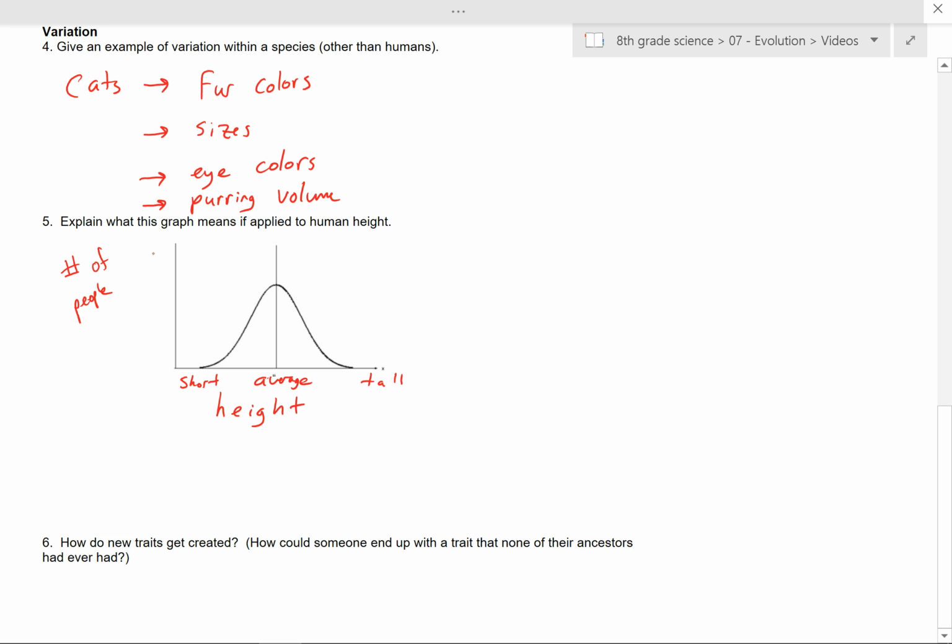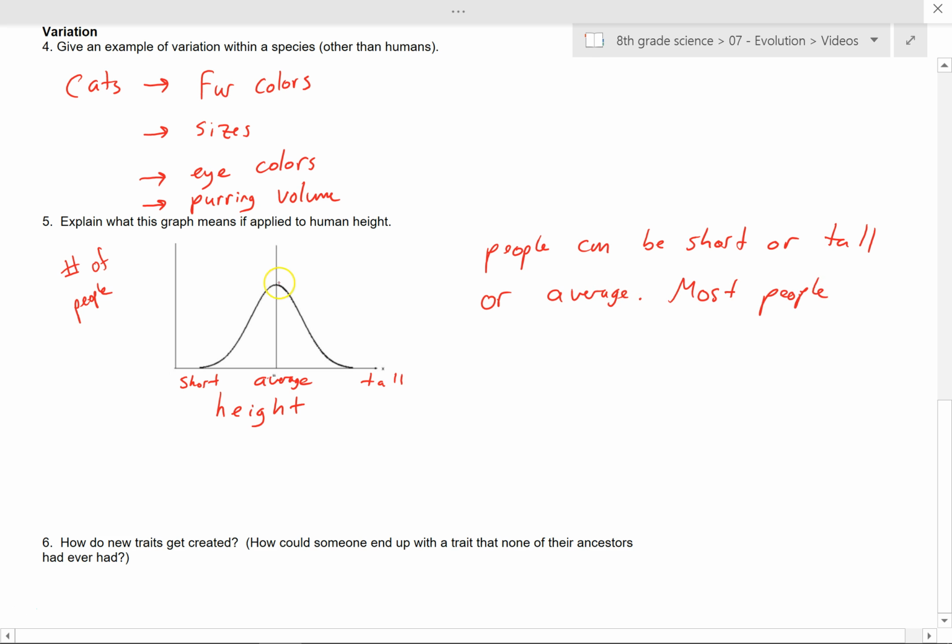So what do we learn from this graph? Well, there are very short people, there are average height people, and there are very tall people, but not in equal numbers. So if we had to make a statement overall about human height based on this graph, we'd say something like people can be short or tall, or average, but most people, because we have a high part of this graph, so lots and lots of people near that average height, not too many people on the short or the tall end.